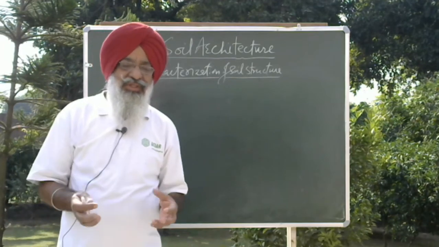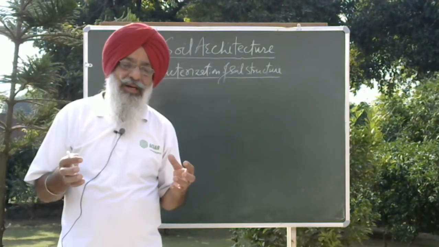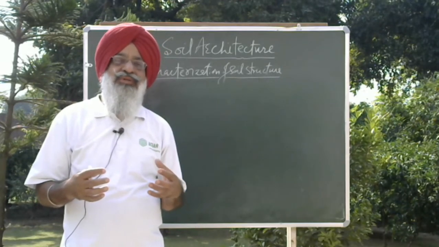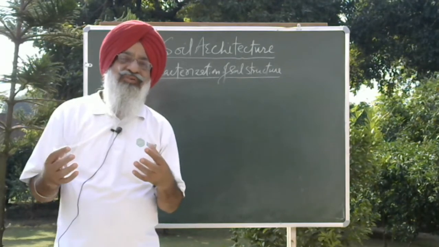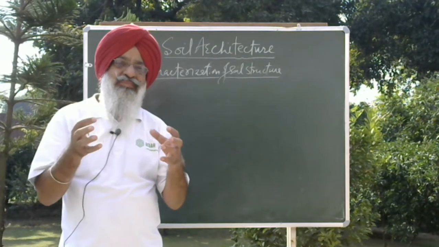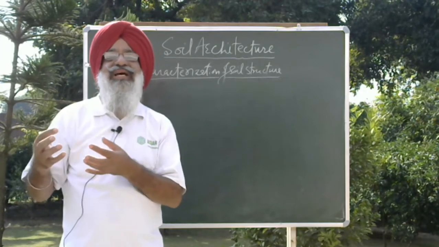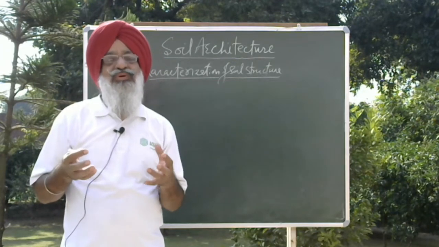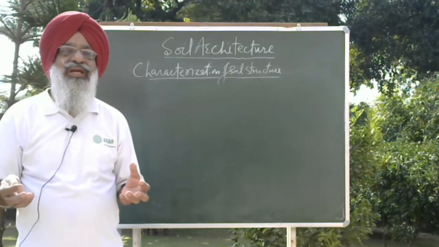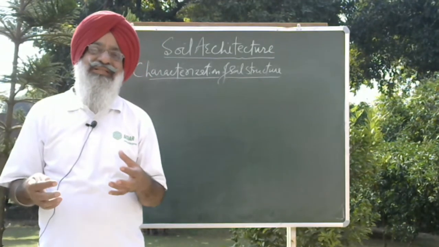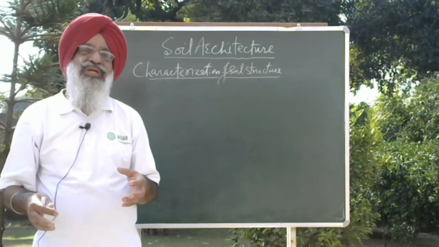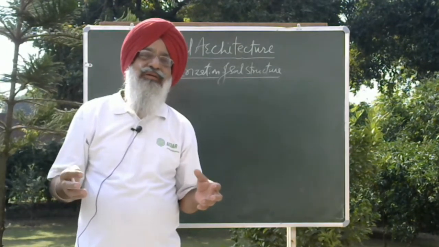But as a soil scientist, I will be more interested in finding out the stability of aggregates, and at the same time the stable aggregates of different sizes. This is very important because my soil may have dominance of macro aggregates, while some other soil in another land use may have dominance of micro aggregates.